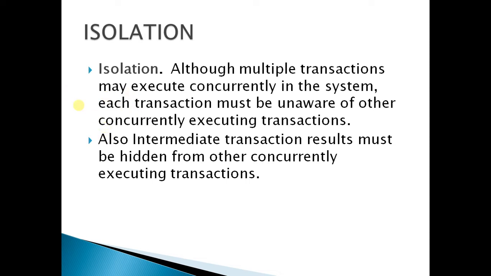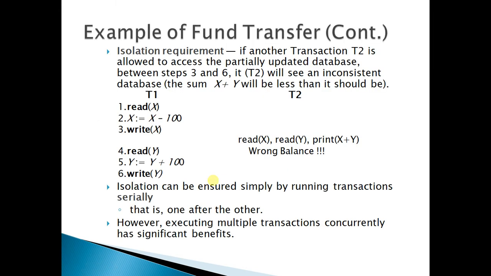By definition it means that each transaction must be unaware of other transactions, but technically it means that intermediate results should be hidden from other concurrently executing transactions. Let us see an example. Suppose a transaction was transferring 100 rupees from one account to another.